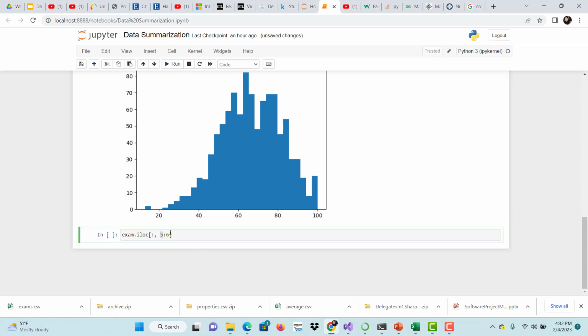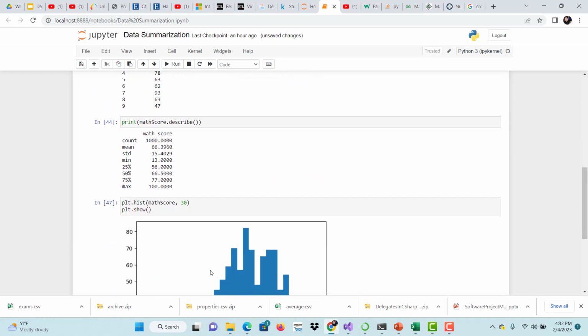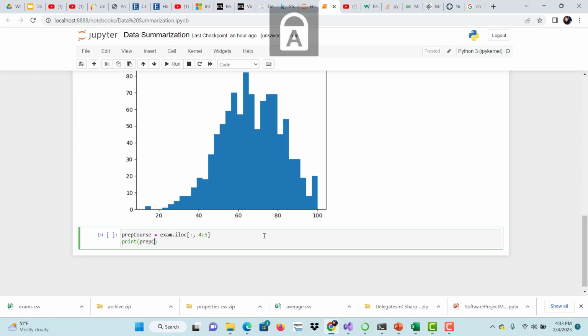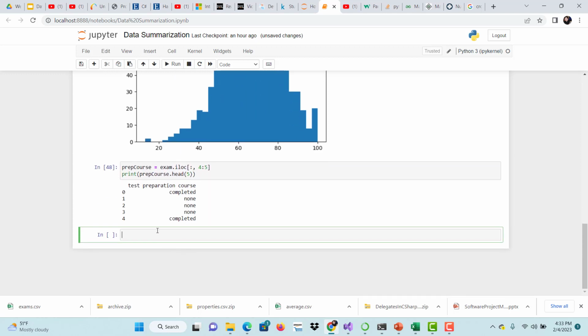This time I think this is fourth, right? Change it to 4, 5. I'll name it prep course. I'll verify the data. Okay, this is correct.